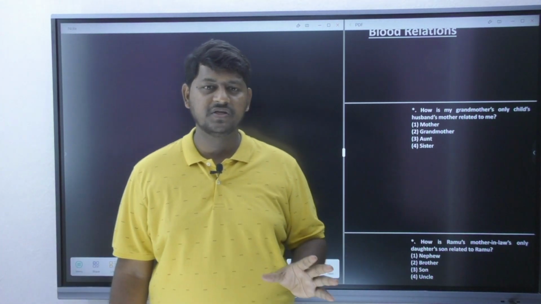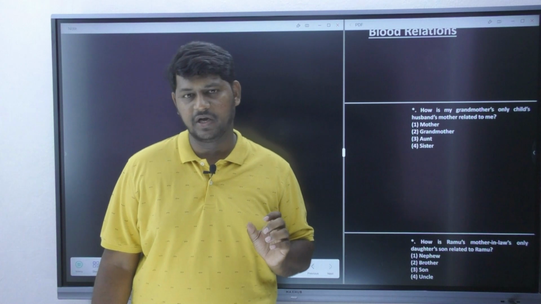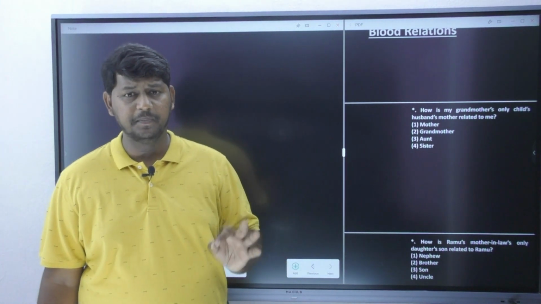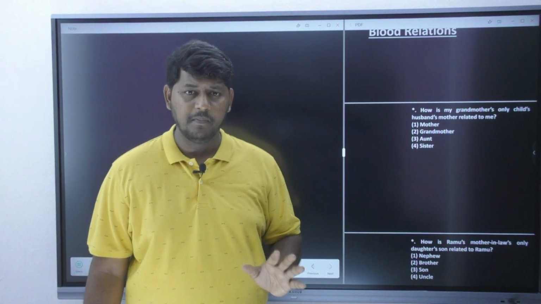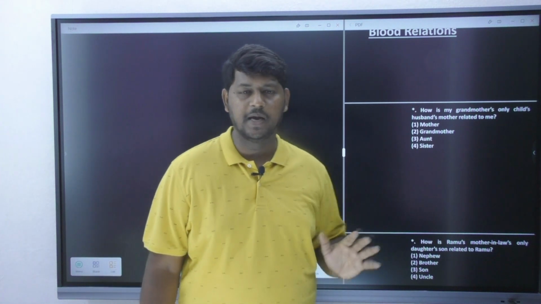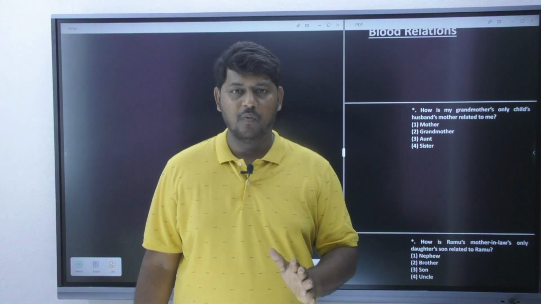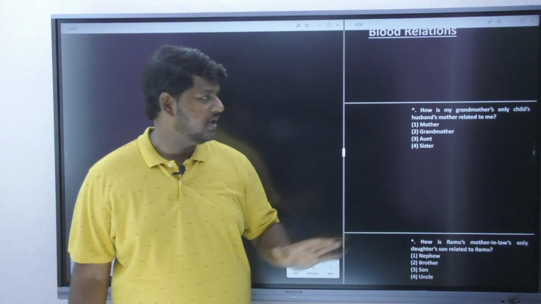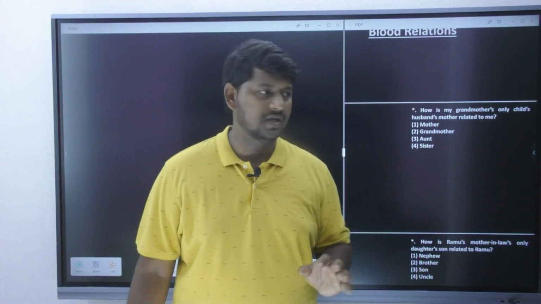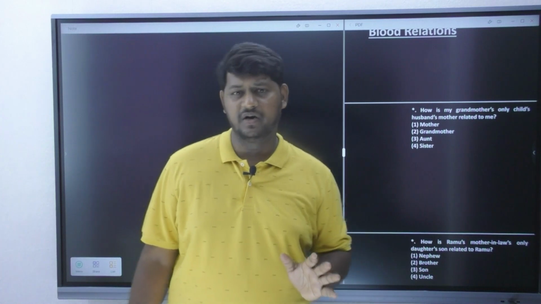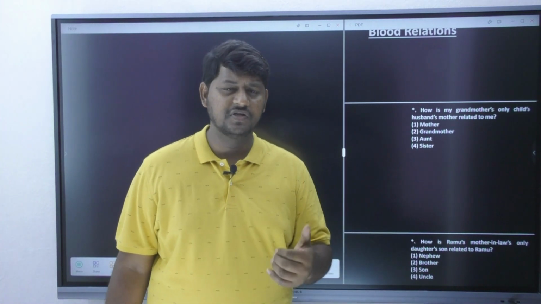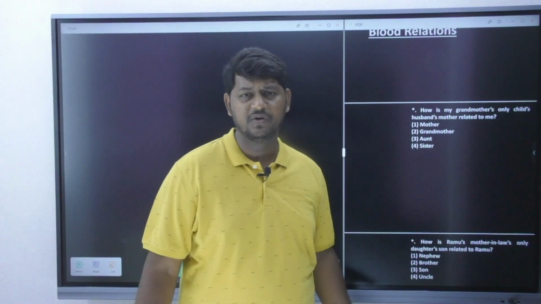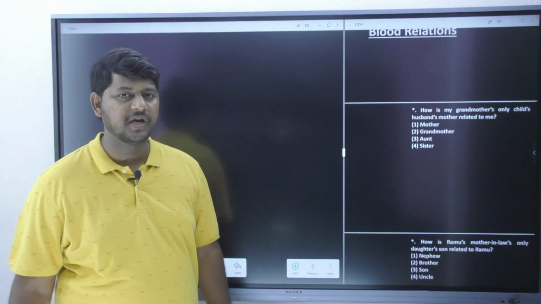Model number 2 is talking about your photograph questions, which are going to be a bit confusing initially, but when it comes to those questions, I am going to teach you the shortcut, what exactly you are supposed to observe in the given question. And model number 3 is going to talk about the coded relations. He is going to give you some symbols and ask you to convert them into the blood relation. You don't have to worry about them.